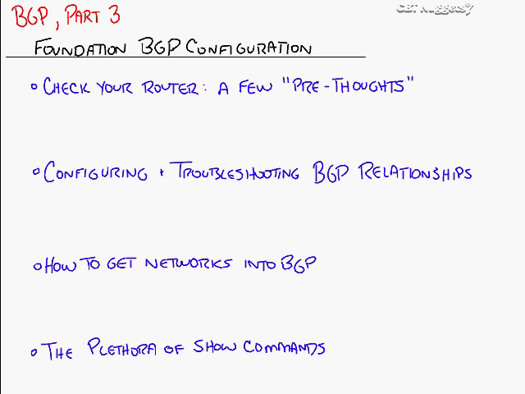So in this nugget, we have taken a look at the foundations of BGP, getting it up and running, setting it up, and advertising networks into it. We started off by looking at the pre-thoughts primarily on making sure your router still runs after you start the BGP routing process, because it does consume a lot of resources. We then got into configuring and troubleshooting the BGP relationships, a little more on the troubleshooting side than I thought.